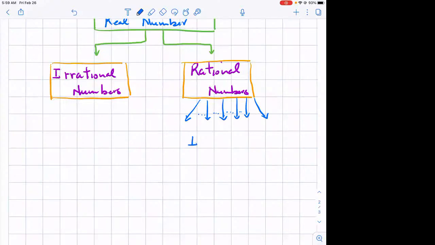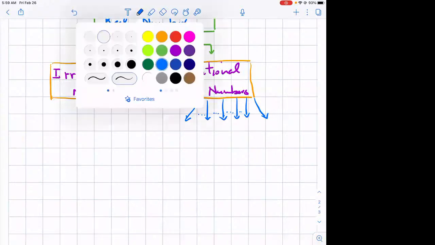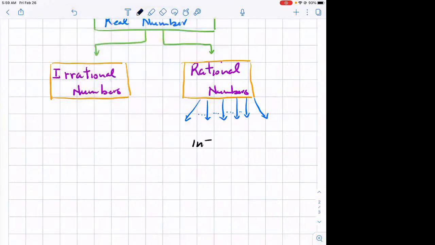This is where integers come in. We have whole numbers. We have natural numbers.